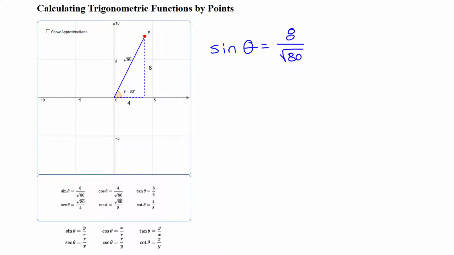So it's not a reduced answer because a couple of things can happen. So first off, you can't have square roots in the denominators of your fractions, so that would need to be rationalized. And so to rationalize it, I'd multiply top and bottom by the square root of 80, over itself. Also, the square root of 80 can be reduced. So you have to have these radicals reduced and the fractions rationalized.